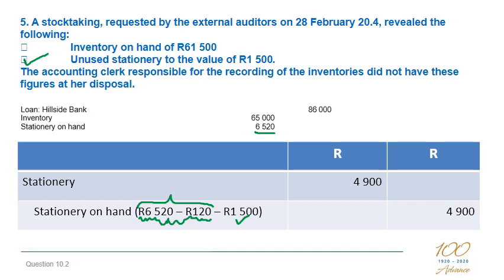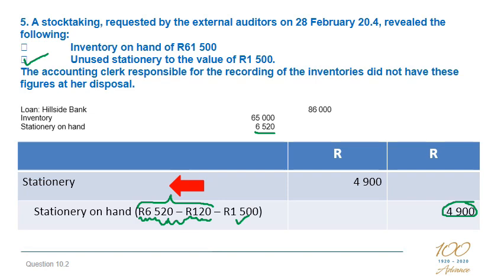That means that I have consumed 4,900 worth of stationery. Consumption goes to an expense account. So I'm going to account for the 4,900 difference between what I had available and what I counted.